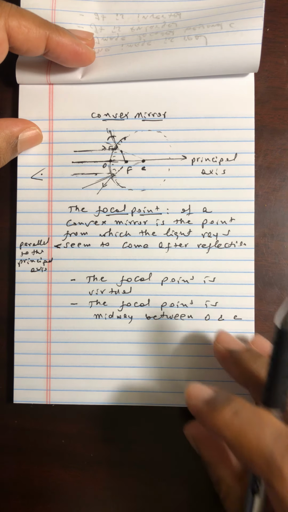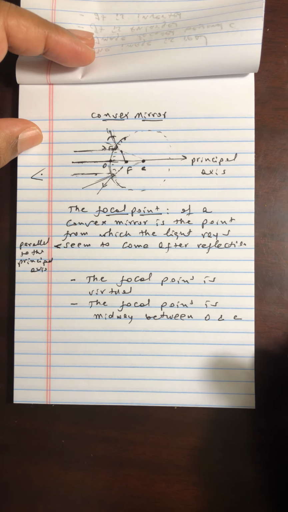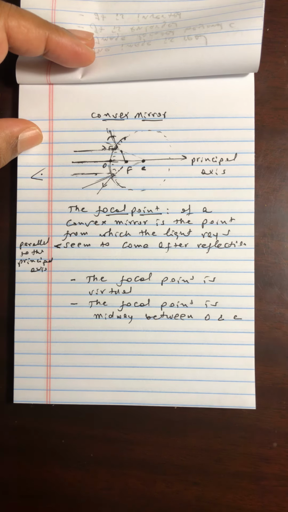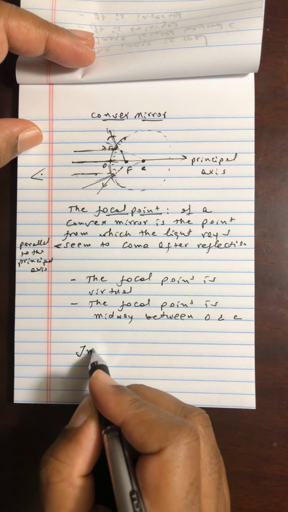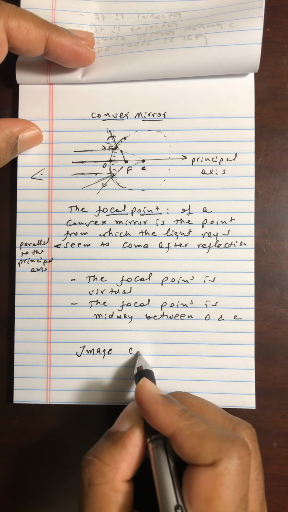All right, now we're going to look at image construction, but before that we have to look at the special light rays that are going to help us to construct the images.